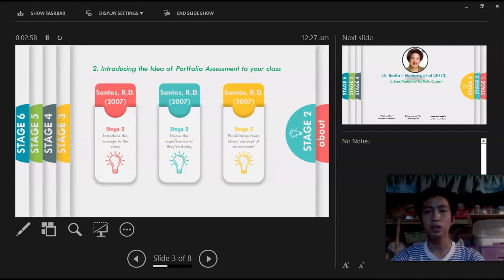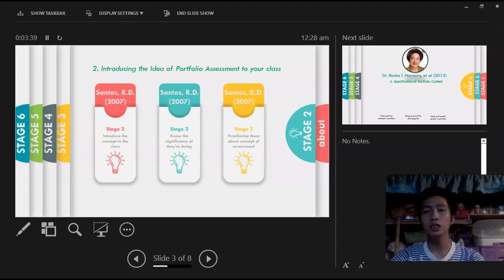The second stage is to know the significance of what they are doing, or at least familiarize themselves with the concept of this assessment, and it is our responsibility as a teacher to guide them, or explain to them what the portfolio means and the concept of portfolio assessment, and provide some examples.